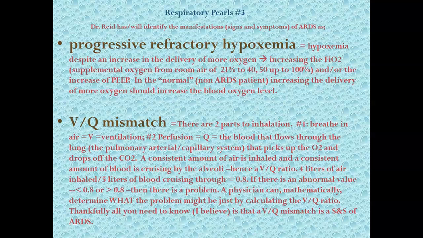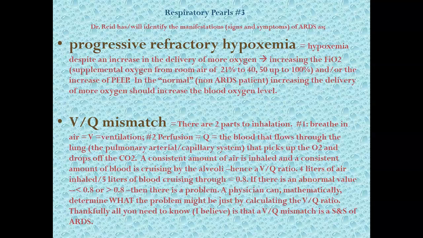Let's talk about this other one, VQ mismatch. This is the one that is confusing because on the very extensive notes, there's a lot of reasons for VQ mismatch, and I don't get all of them, and you don't have to either. Let's break it down into very simple terms. There are two parts to inhalation. This is a review from A&P. The first one is that we breathe in air, and that air goes in the lungs, and that's called ventilation.